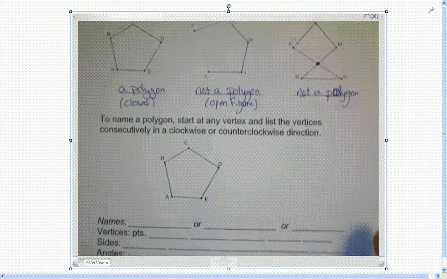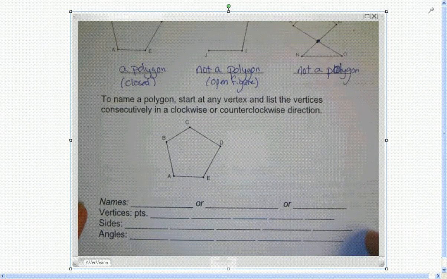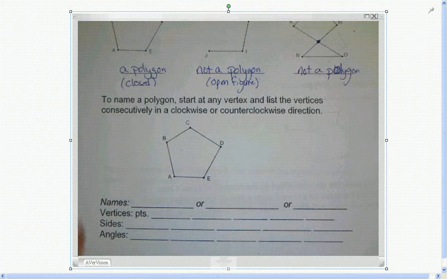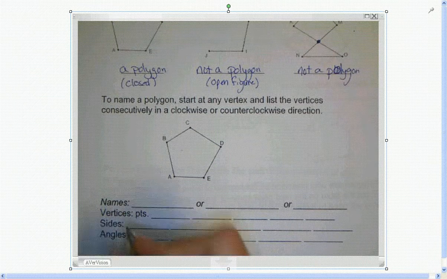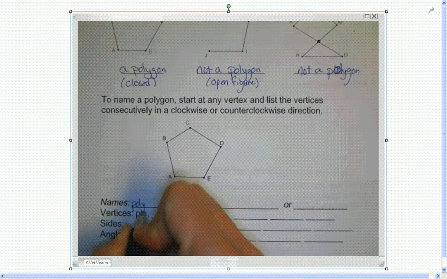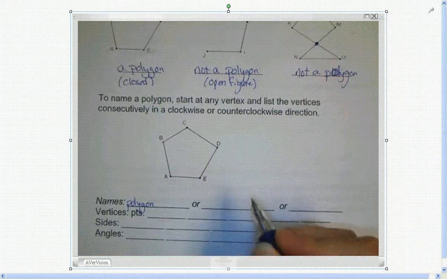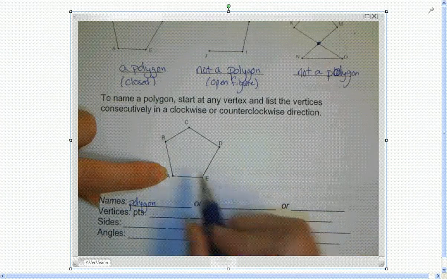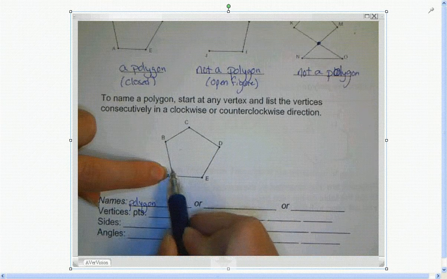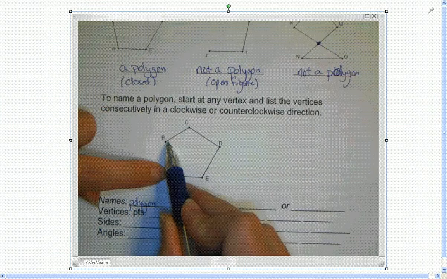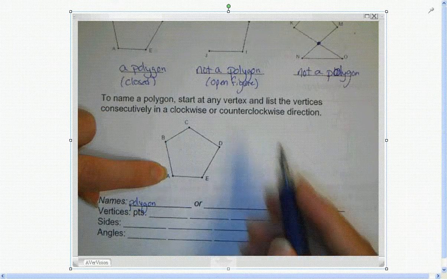But we have to be able to identify the different parts of a polygon too. So when you name a polygon, you write the fact it's a polygon down because we don't want to confuse it with anything else. And so we say, all right, it's a polygon. And you start at a vertex, let's say like at A, and you go clockwise, or you go counterclockwise all the way around, and you go in what's called consecutive order, one right after each other.